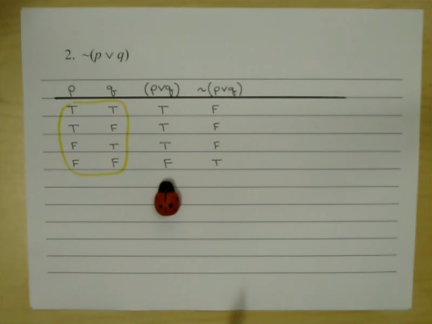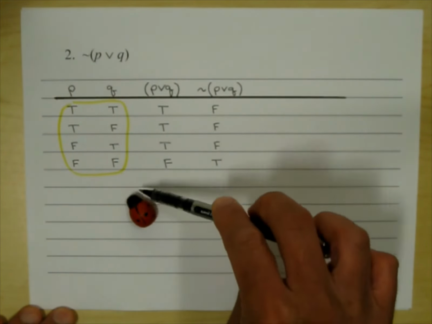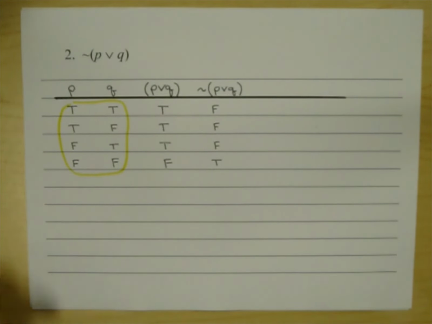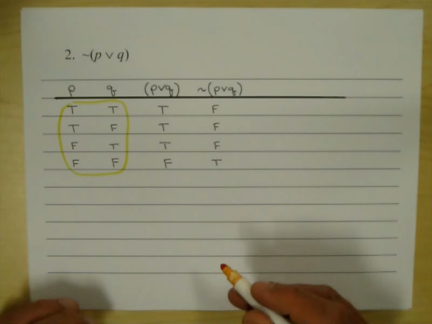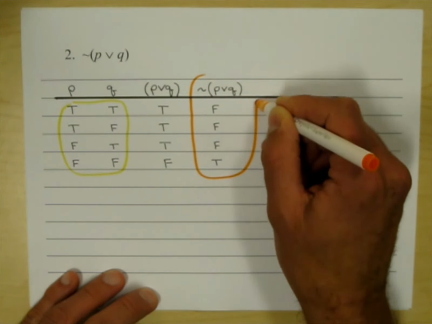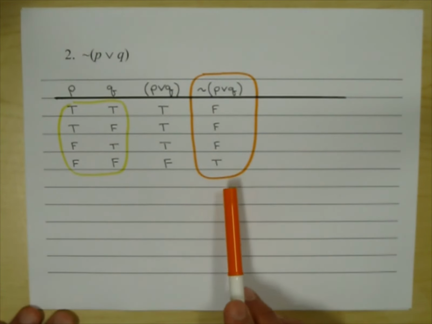Okay, bug, you can get out of here. Let's see if I can make it walk. Okay, there it is. I really have to work on my special effects. That was pretty stupid. Okay, so like I said, I would put an orange circle around there. There's my final column.